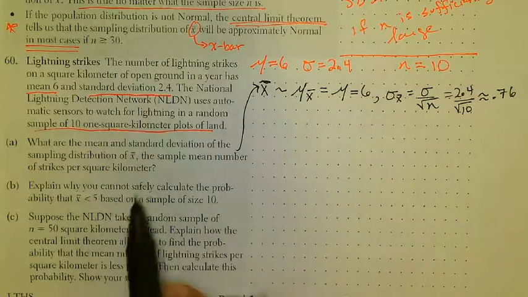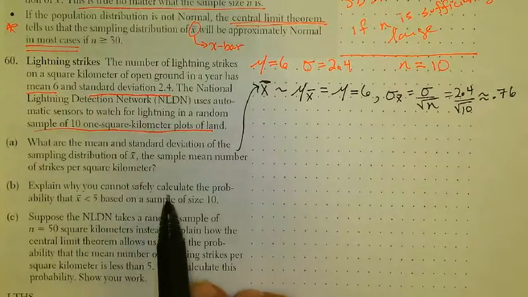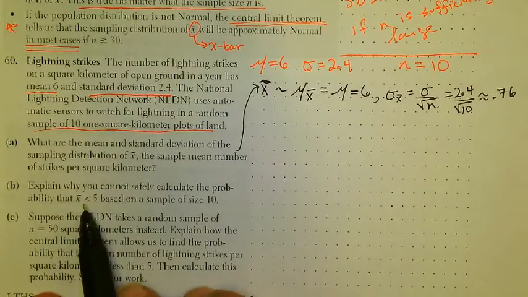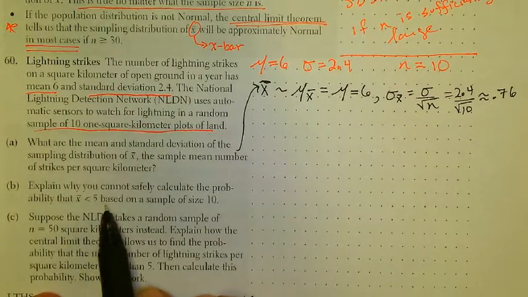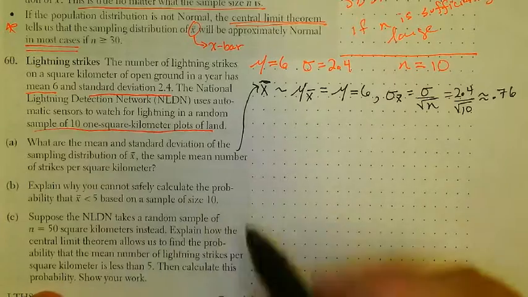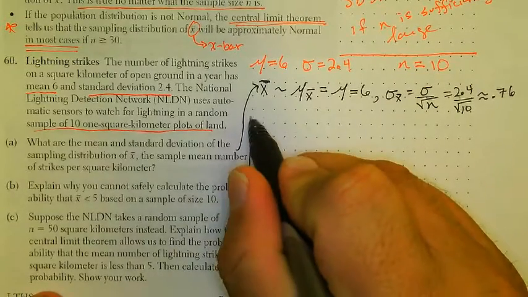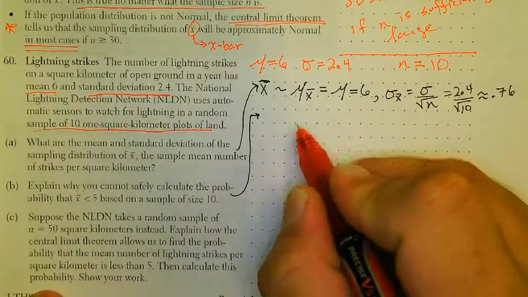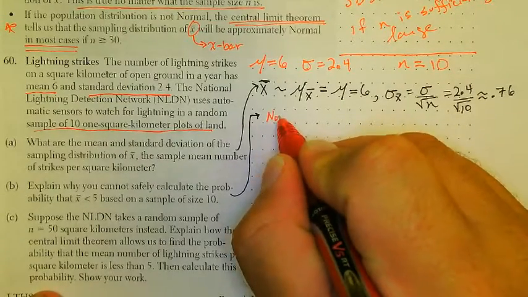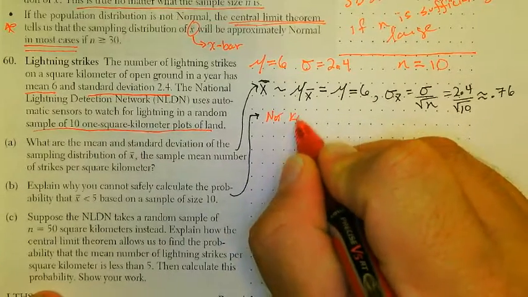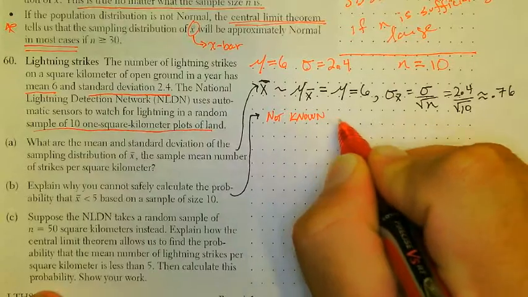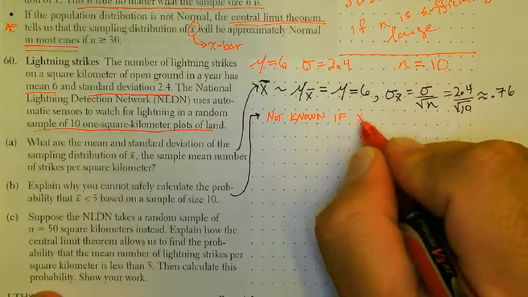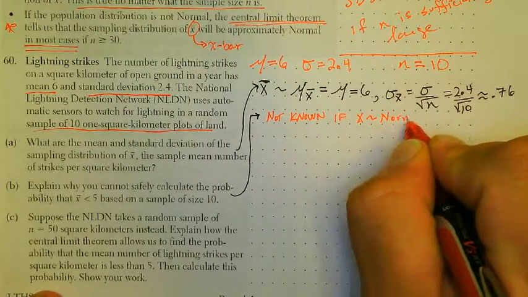Part B: explain why you cannot safely calculate the probability that x bar is less than 5 based on a sample size of 10. Well, what do we know here? We do not know if x is approximately normal.